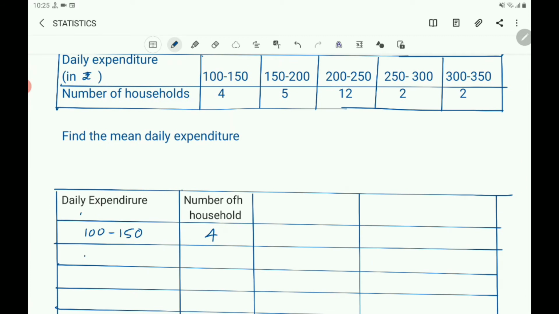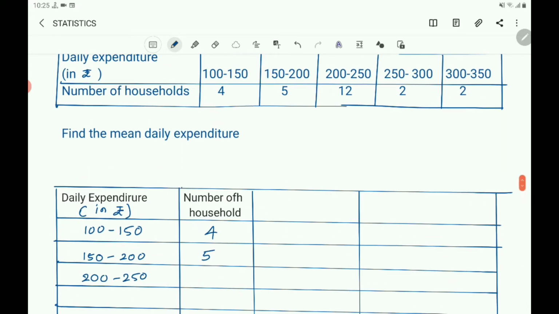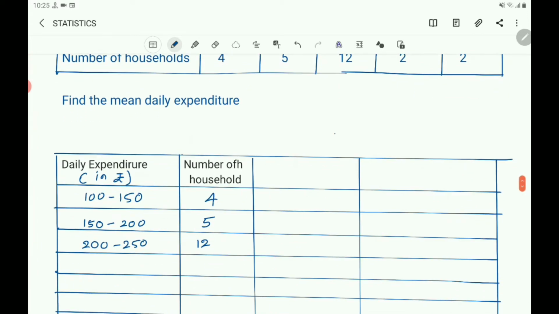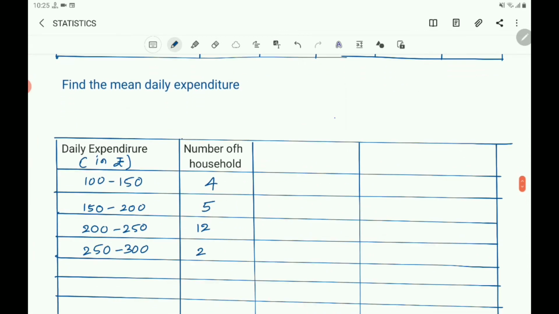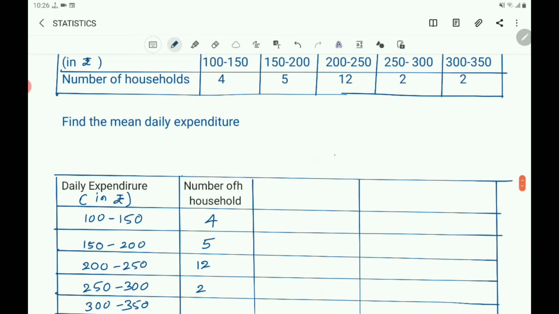And next 150 to 200 rupees, that is expenditure is in rupees, by 5 households, and 200 to 250 rupees by 12 households, and 250 to 300 rupees expenditure by 2 families, and 300 to 350 rupees expenditure by 2 households.